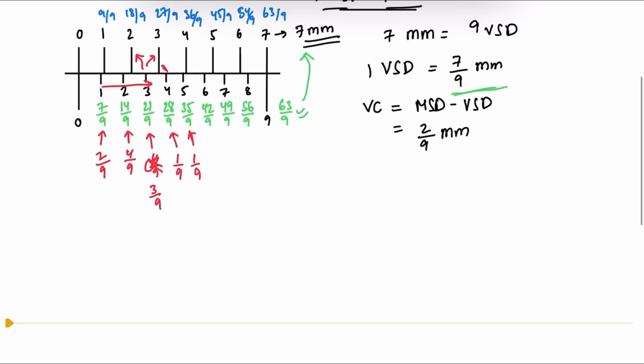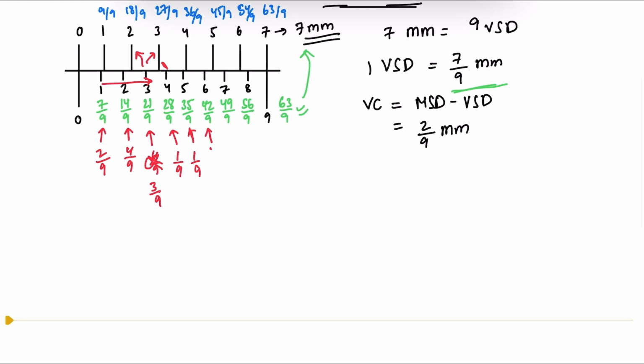Obviously, that would be 45/9, so we'd get 3/9 again. 49, and then we compare between 45 and 54. This one would be 0, but either way, we get that our least is 1/9. So at the end, we get that the least count in this case is 1/9 millimeters.